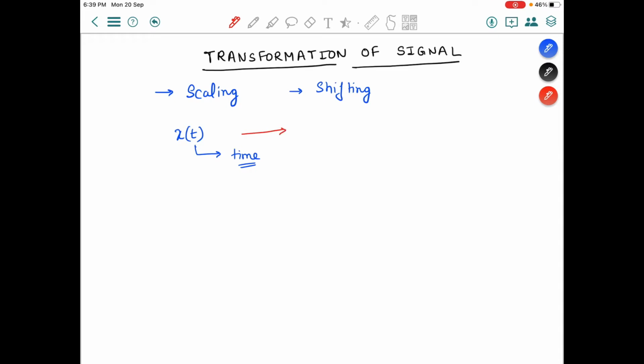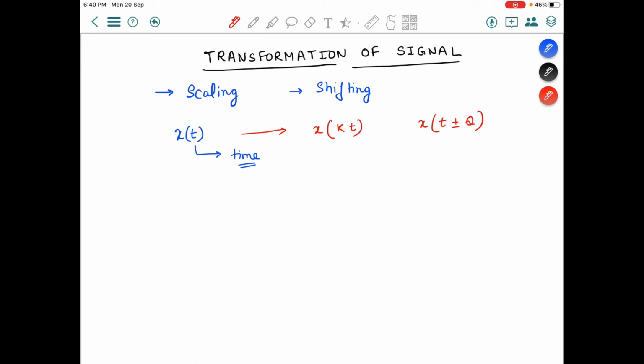We can multiply our independent variable with some scalar, suppose k times t, or we can add or subtract some scalar from our independent variable.